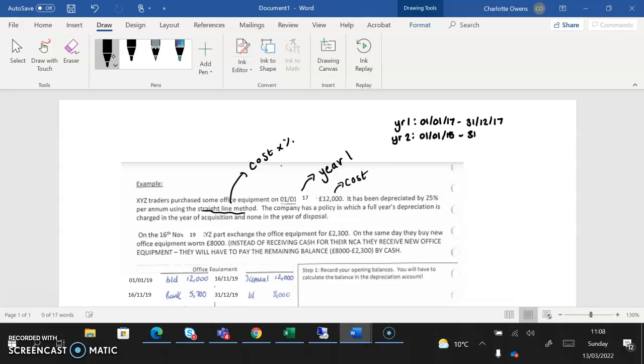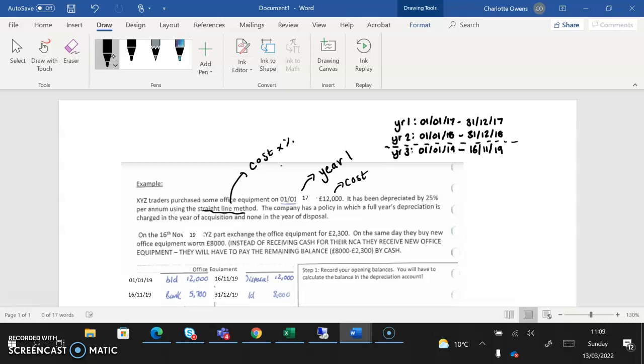The 31st of the 12th 18 is the end of year 2, year 3 starts on the 1st of the 1st 19, and they part exchange to get rid of the asset on the 16th of November 2019. So the year of disposal is in year 3.